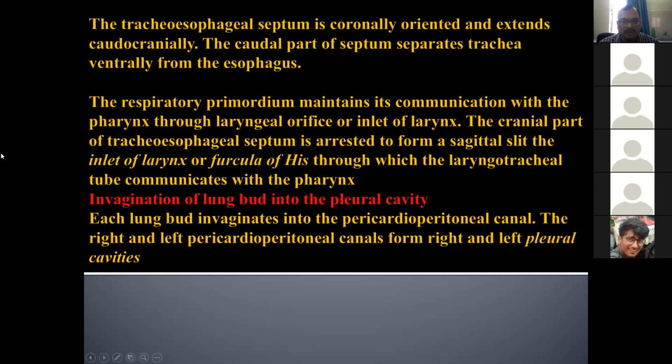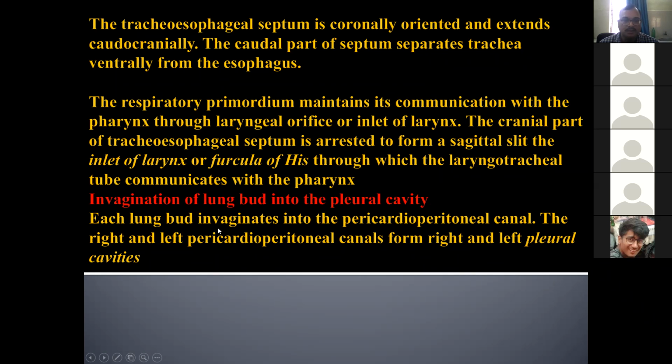So each lung bud invaginates or penetrates into the pericardio-peritoneal canal, or you can say the pleural cavity. The other name for pleural cavity is pericardio-peritoneal canal. The right and left pericardio-peritoneal canals form the right and left pleural cavities.